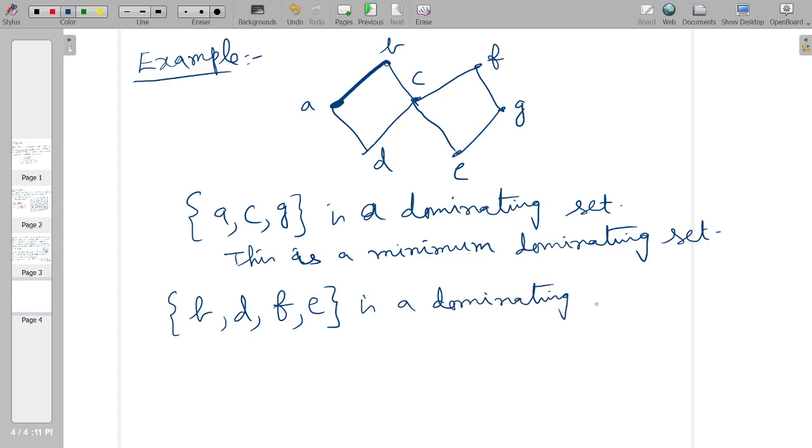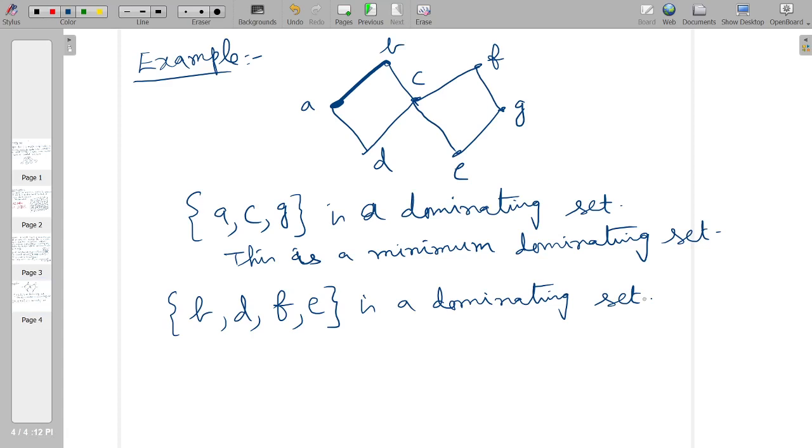This is also a dominating set, because B dominates A and C, and E dominates G. Now I have leftovers in D and F, so I have to take D, F, or I have to take C. So B, D, F, E is still a dominating set, and if I remove any one element from it, it is not a dominating set.